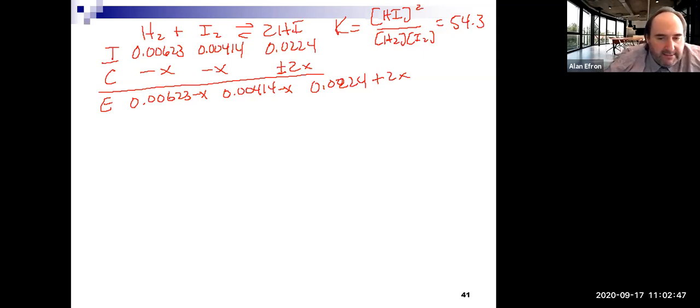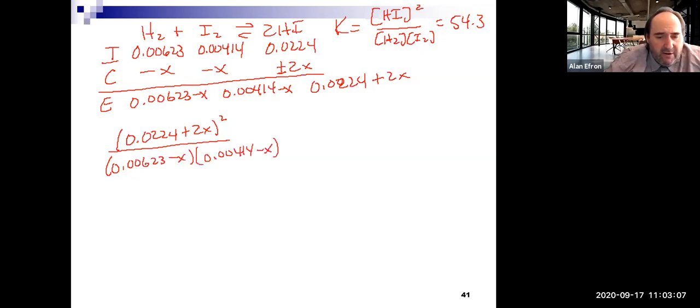And if we do that, we will get 0.0224 plus 2x. We do need to square it. We're going to divide it by 0.00623 minus x and 0.00414 minus x. And all that good stuff there is going to equal 54.3. Any questions so far on the ice table, putting it into our expression, any of those things?